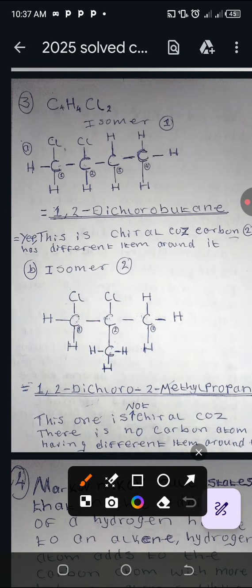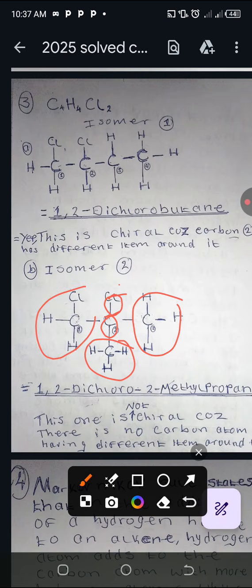The next carbon, which is this one right here. Let me circle the carbon. This carbon is surrounded by four things, right? The first thing is this one, second thing is this one, the third thing is this one, the chlorine, and the fourth thing was this one.